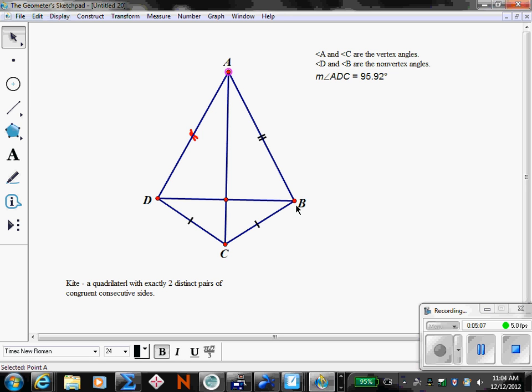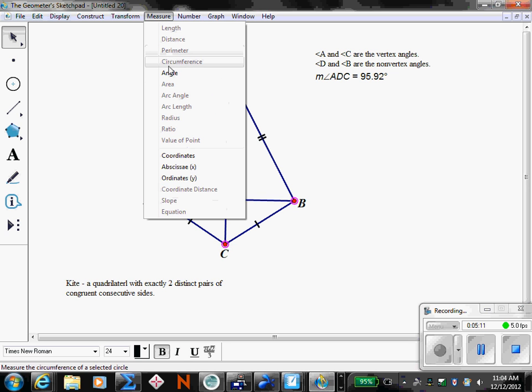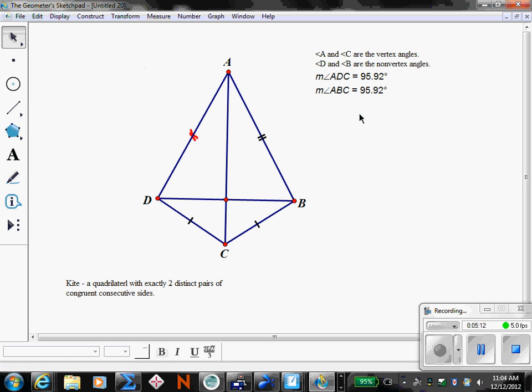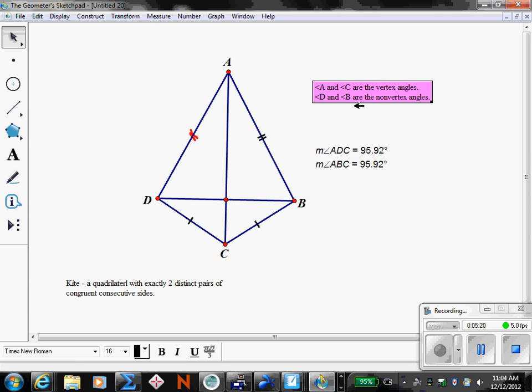Those are our non-vertex angles. They are the same. So the non-vertex angles have the same measure.